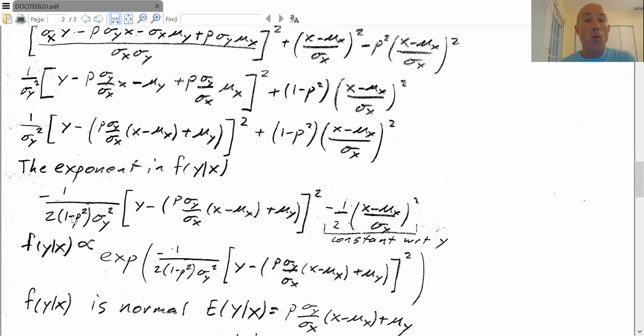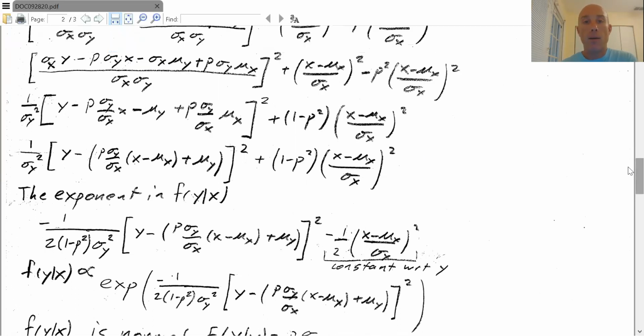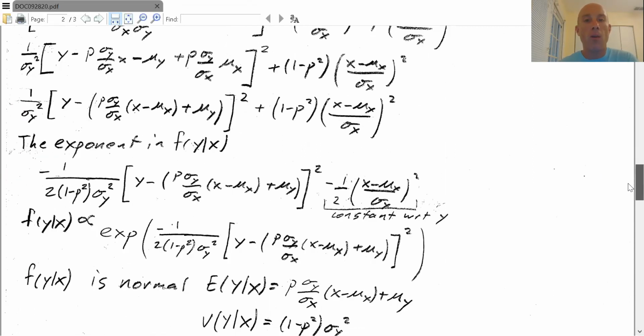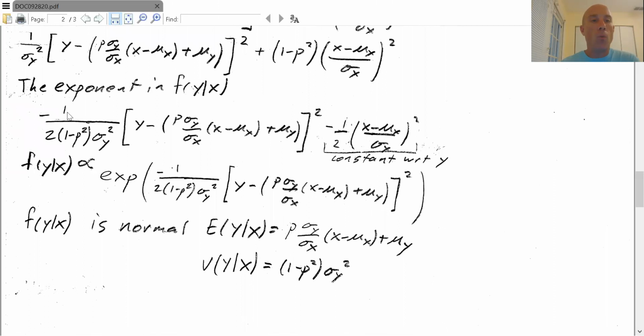Also, by the way, I factored the x fraction squared to get here, which is not really a big deal for us because it's constant. We don't really care. All right, so we get 1 over 2 times 1 minus rho squared, and then the standard deviation of y squared.